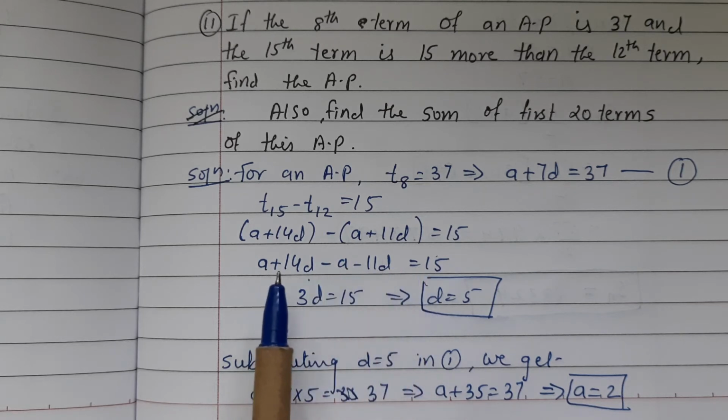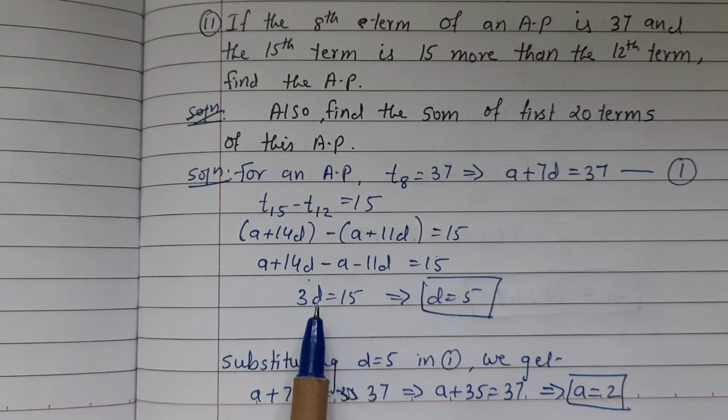A gets cancelled. 14 minus 11, 3D equal to 15. D equal to 5. Substitute D equal to 5 in equation 1. We get A plus 7 into 5 equal to 37. 7 fives are 35. A plus 35 equal to 37. Means A equal to 2.